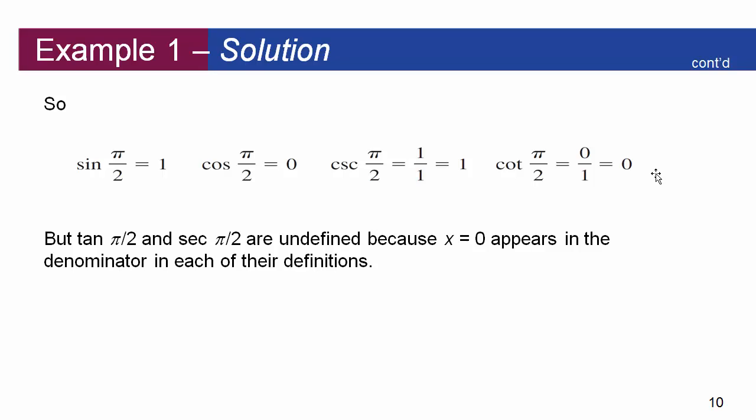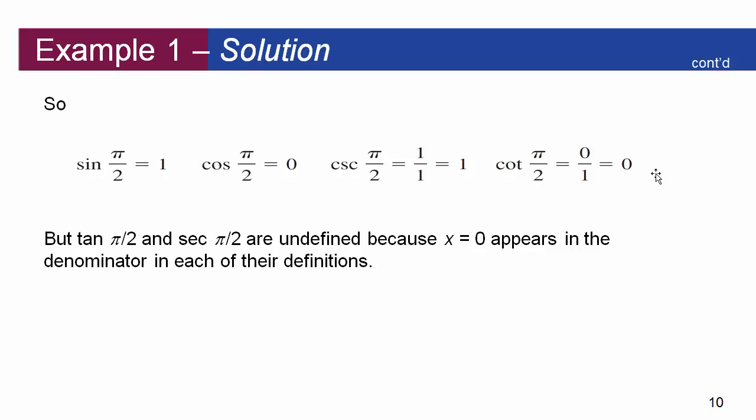Now, we know some basic values just because we know what happens around the unit circle. If we go up to pi over 2, we know sine is 1, we know cosine is 0. And if sine is 1, we know that cosecant is 1 over 1, which is 1. And we know that secant, which is 1 over cosine, would be 1 over 0, which is undefined.